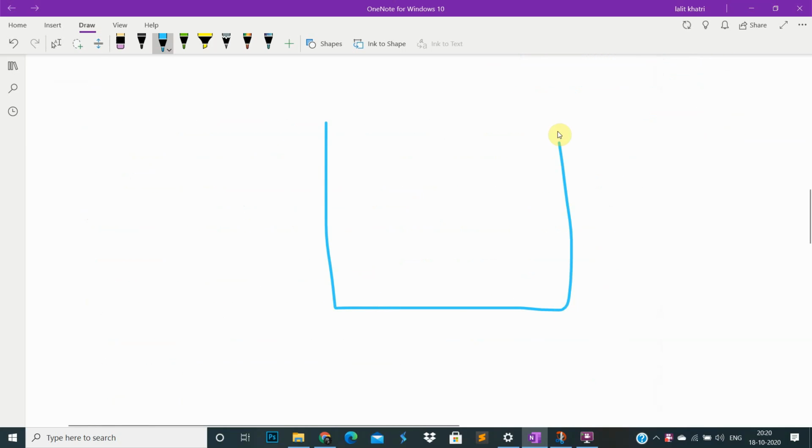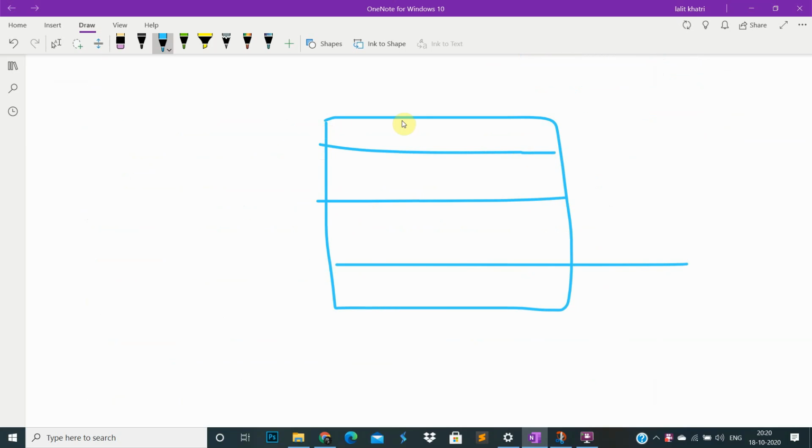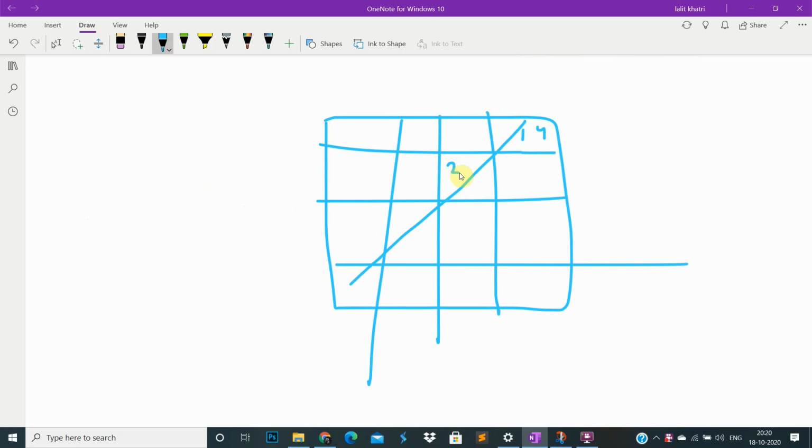So if this is given, we have to just find the sums of these diagonals. We cannot take this diagonal, because this is 1 comma 4 and this is 2 comma 3. So 1 plus 2 will be 3, and 4 plus 1 will be 5.